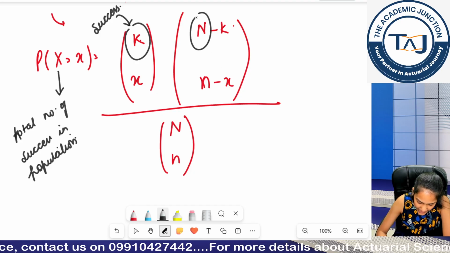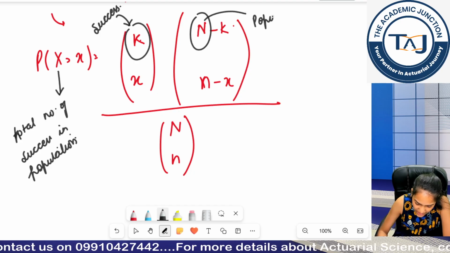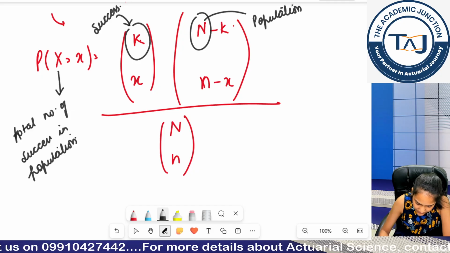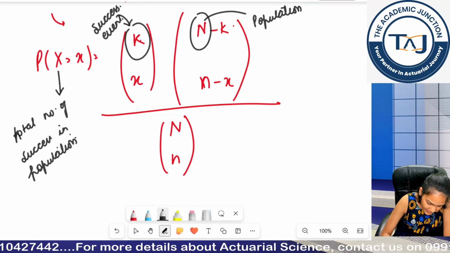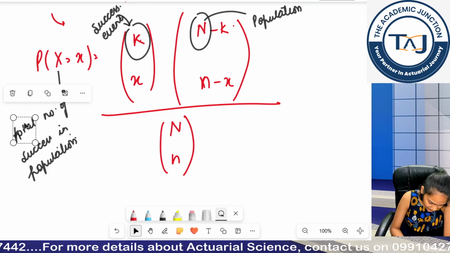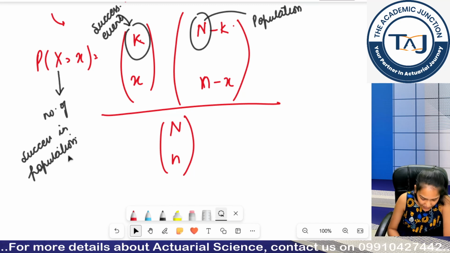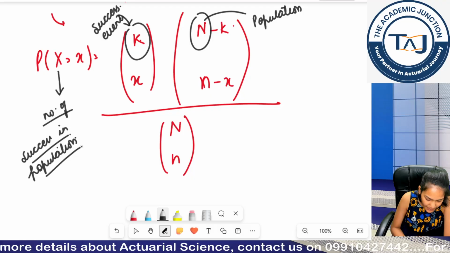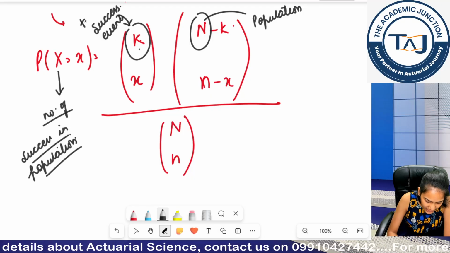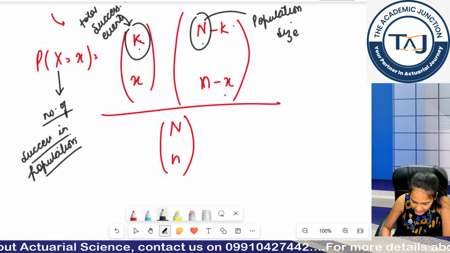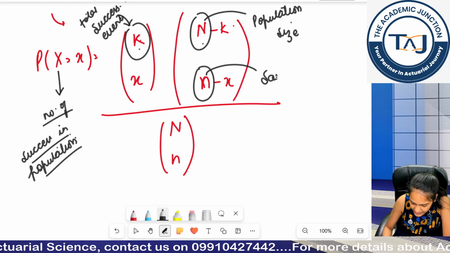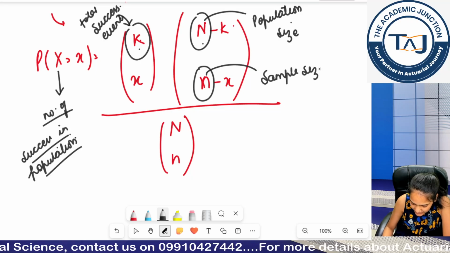My capital N is my population size. K is my total number of success events in the population. Capital N is my population size and small n is my sample size.